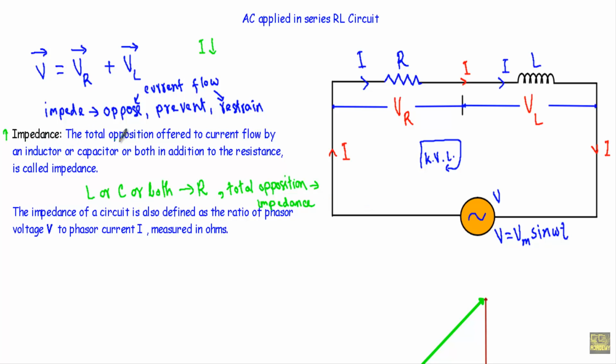Impedance provides opposition to current flow, that means it will decrease the value of current.